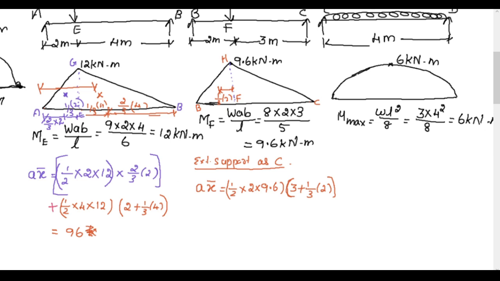Plus, we will consider the second triangle, that is HFC. When we are considering HFC, it is half into base 3 into height 9.6, multiplied by the distance from C. This distance is equal to 2 by 3 of 3.